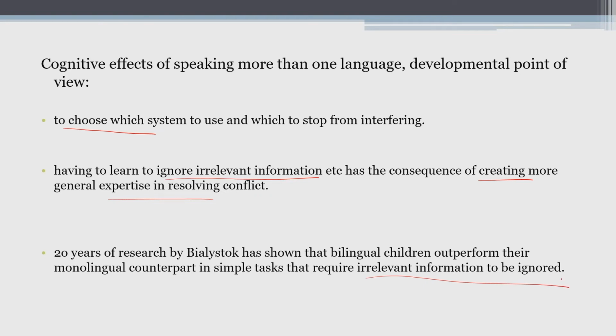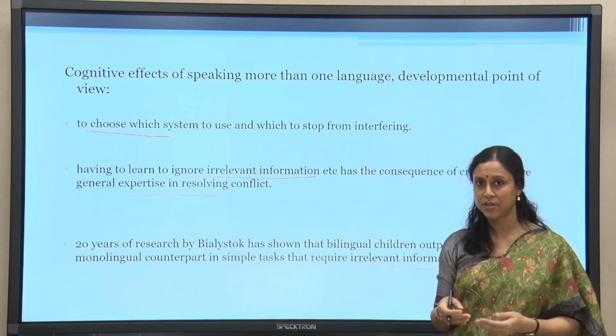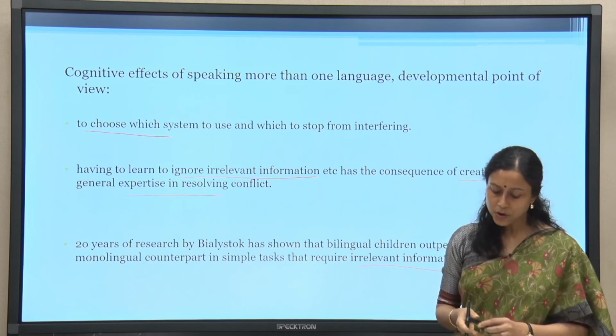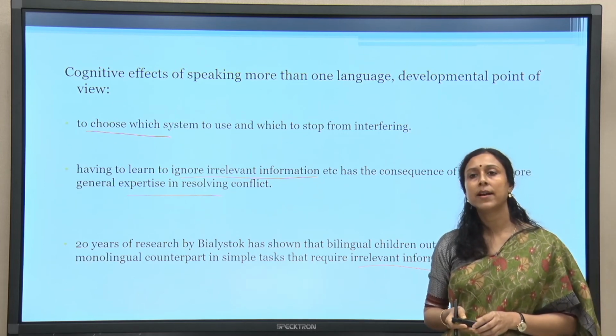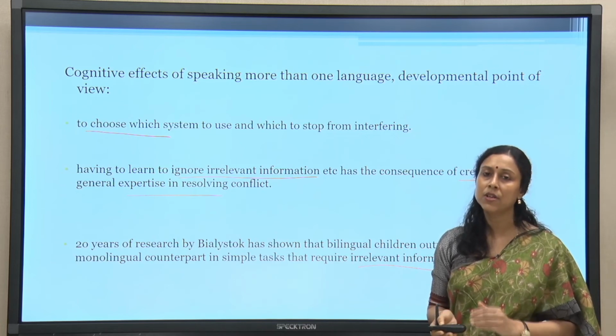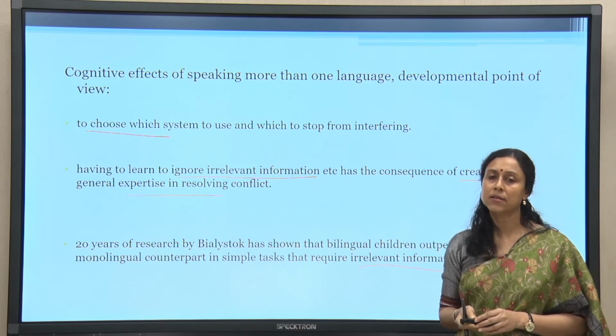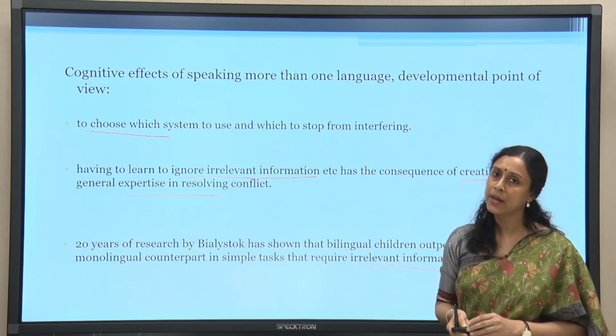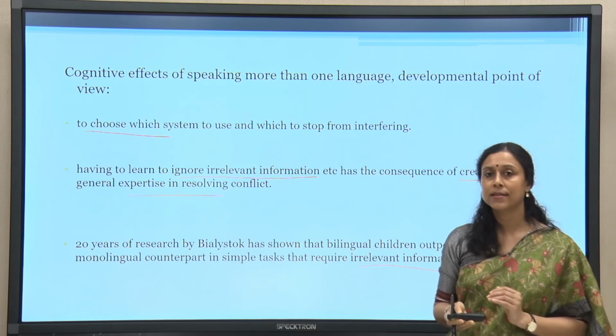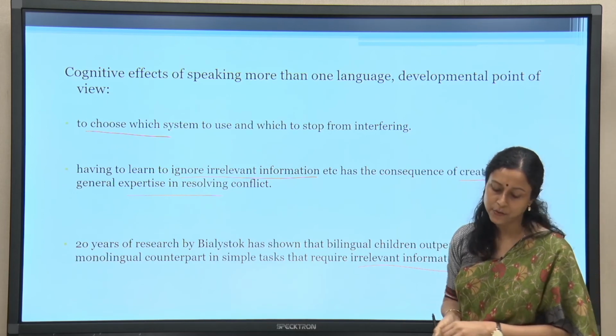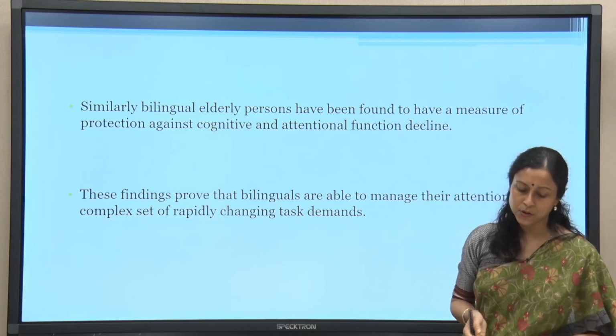She and her group have used various kinds of tasks, the Wisconsin card sorting task and various simpler tasks for children, to find out whether bilingual children have a higher response inhibition system in place, and more often than not the findings point to the possibility that bilingual children, who speak two languages, have outperformed their monolingual peers in tasks that require inhibition, in tasks that require irrelevant information to be ignored.